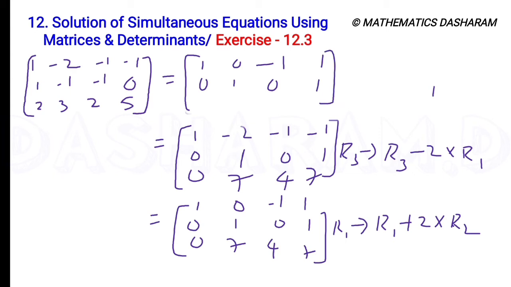So now the third row is replaced with R3 minus 7 into R2, because here 1 is there. When you multiply with 7, 7 minus 7 is 0. So that is why R3 is replaced with R3 minus 7 into R2.